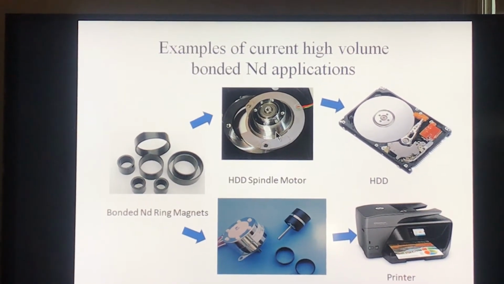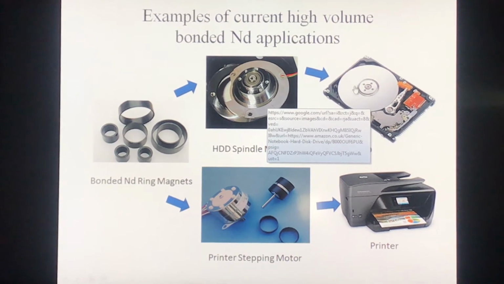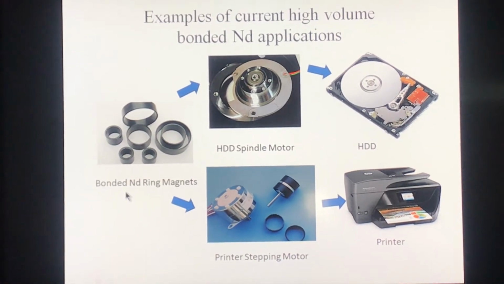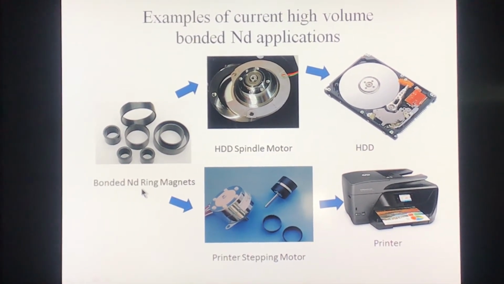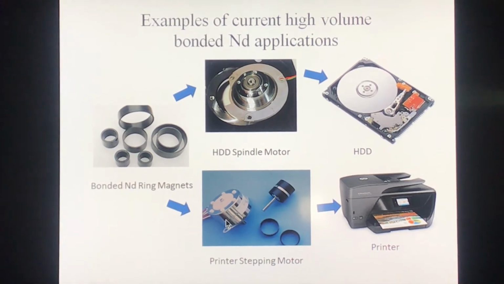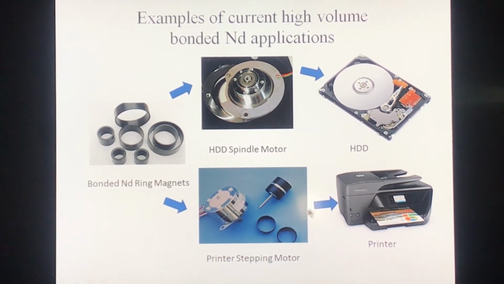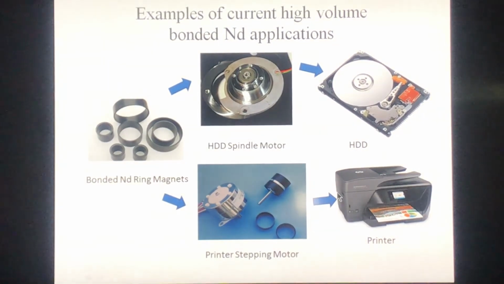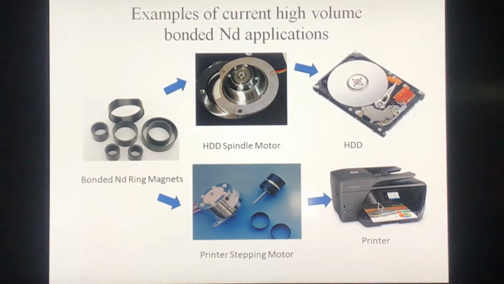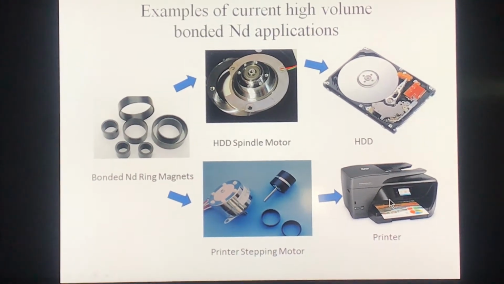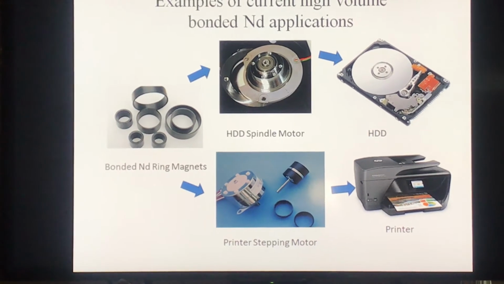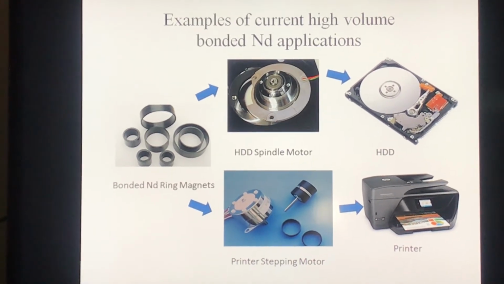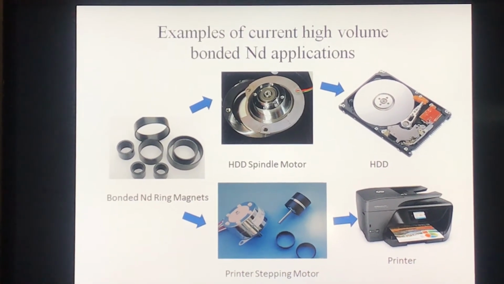They go into the spindle motor that goes into your hard disk drive, and also bonded ring magnets that go into stepper motors that go into a printer. So it's very hard for you to go through a day, unless you're really inactive, without using some of these magnets somewhere in your life, particularly if you're active on a computer.